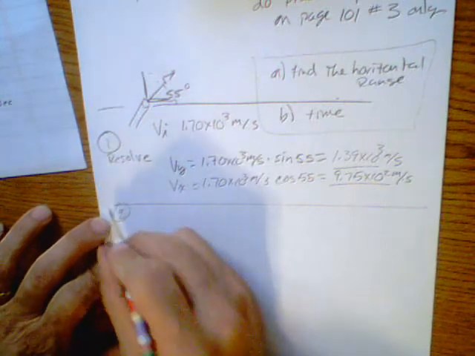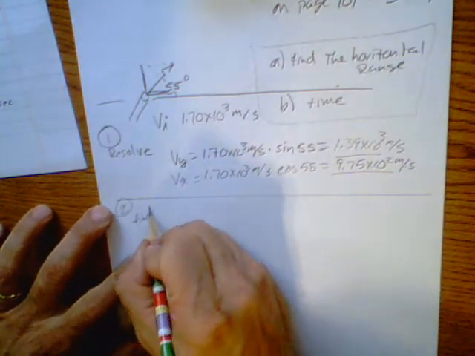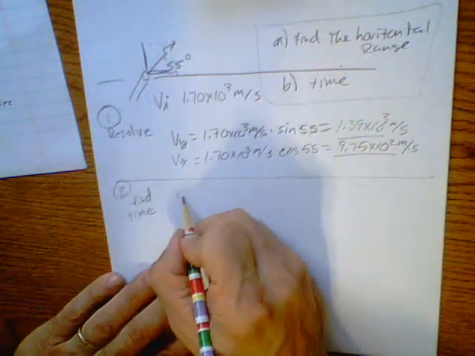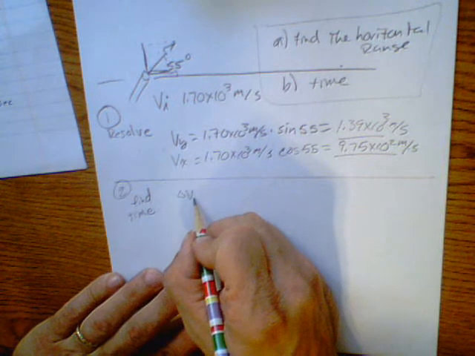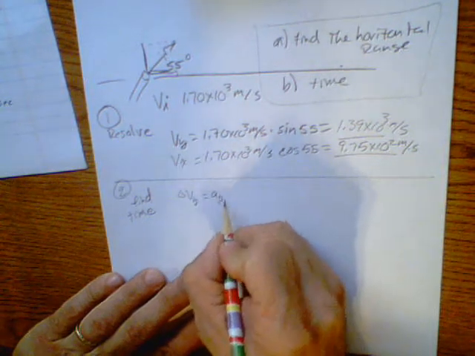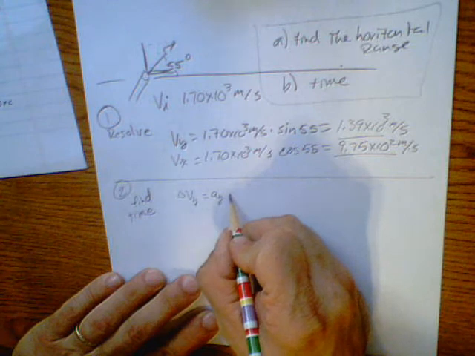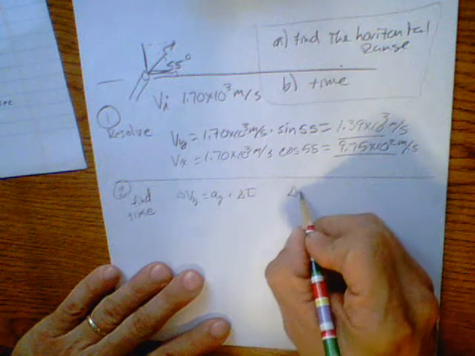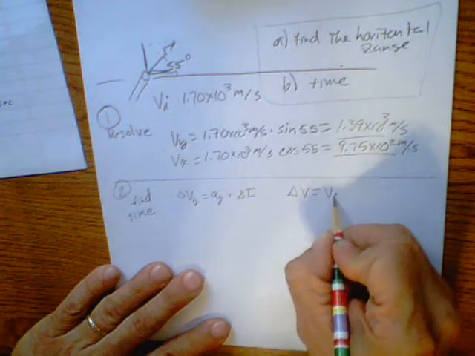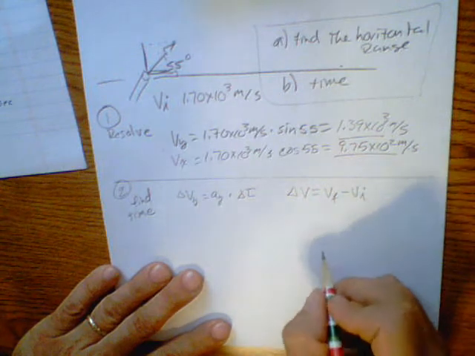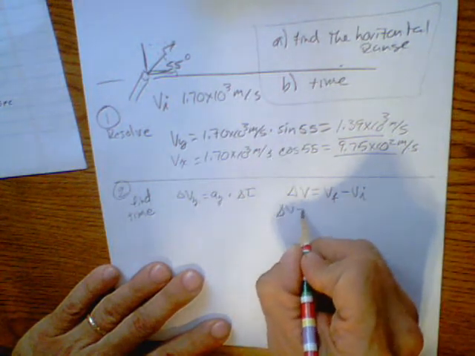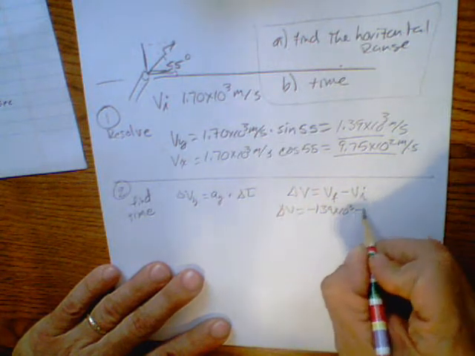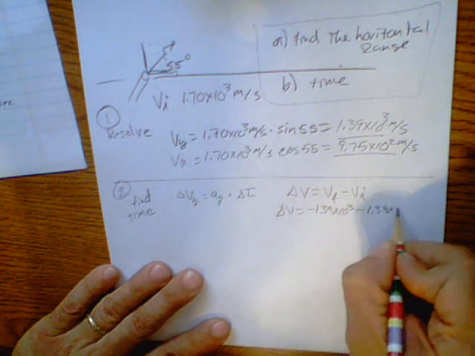And then the second thing we need to do is find time. We find time by change in velocity in the y direction equals acceleration, which is 9.81, times the time. And just a reminder that the change in v equals velocity final minus velocity initial. So change in v equals negative 1.39 times 10 to the third minus 1.39 times 10 to the third.